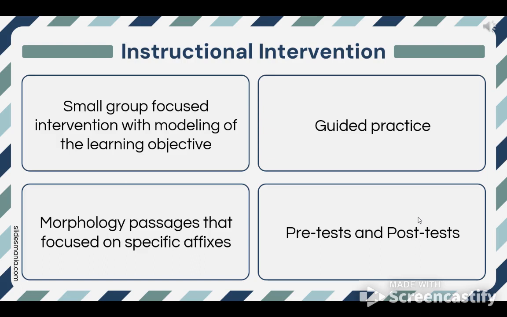Then students did that themselves with sentence strips, and that was part of the independent practice that they did. They also were able to highlight the vocabulary words in the morphology passages that had the affixes, the prefix in, and then the suffix ly. The product also included pre-tests that students took at the beginning of the week, and post-tests that they took at the end of the instruction at the end of each week.